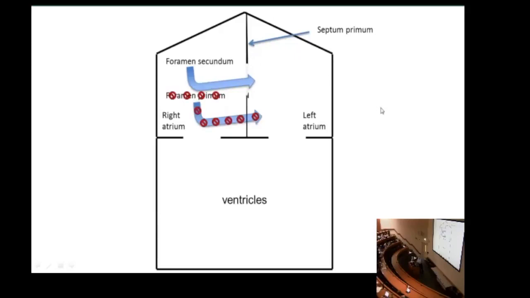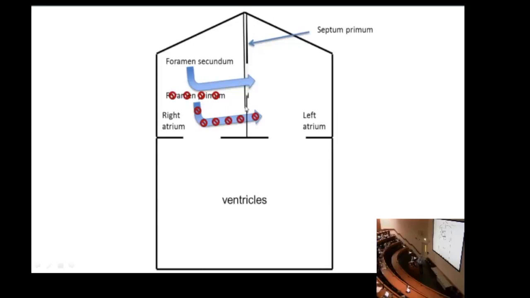About this time, this is going to be closed, and that's okay because you have a foramen secundum that allows blood to go from the right atrium to the left atrium. And this septum, that's the second septum, is going to grow down. It doesn't go all the way, kind of overlaps the area here so that you've got that doggy door.